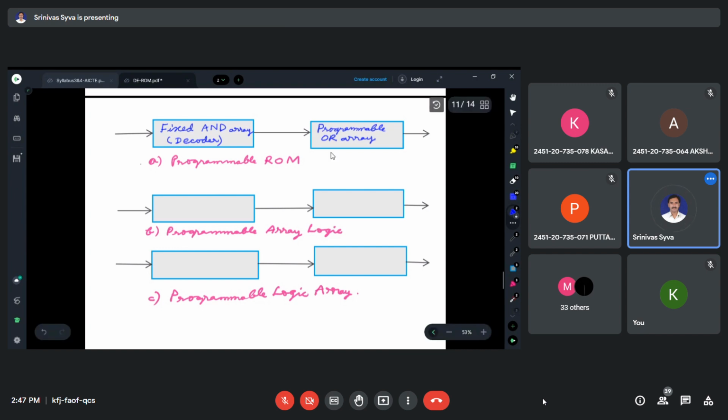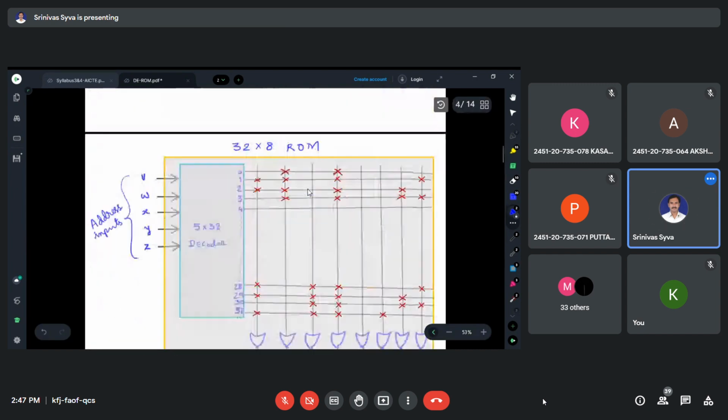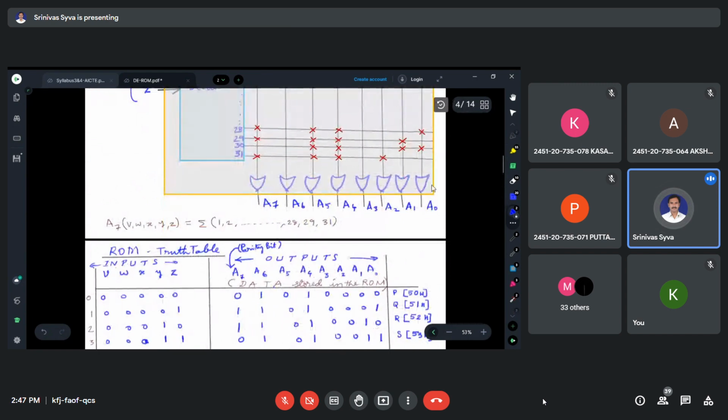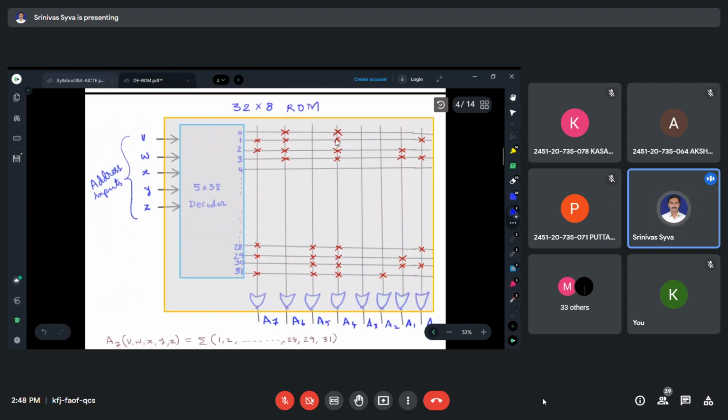See here, already explained. This array of the OR gates, the inputs of these OR gates are programmable. Wherever there is a cross mark, that means a connection is provided between the output of the decoder and the input of the OR gate. At some places there are no connections.